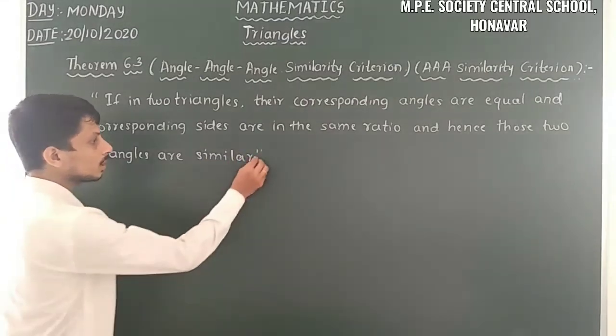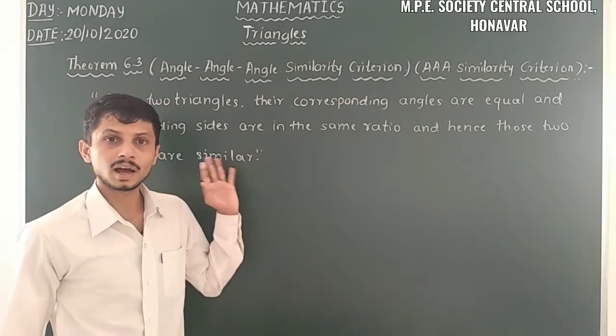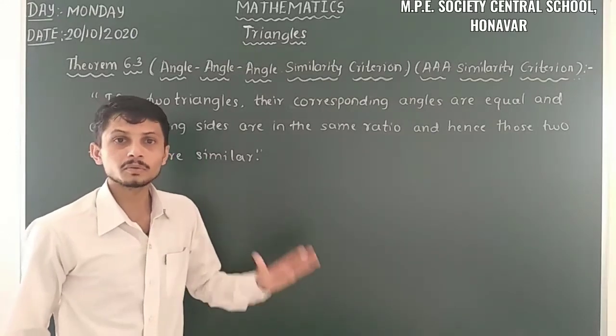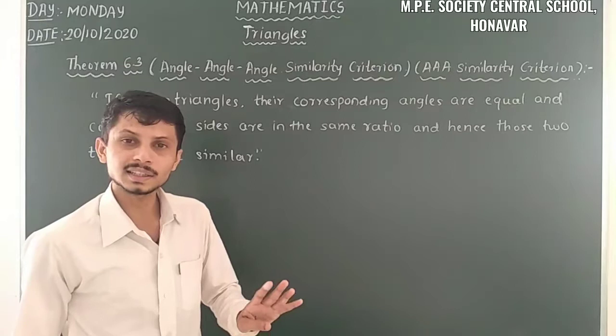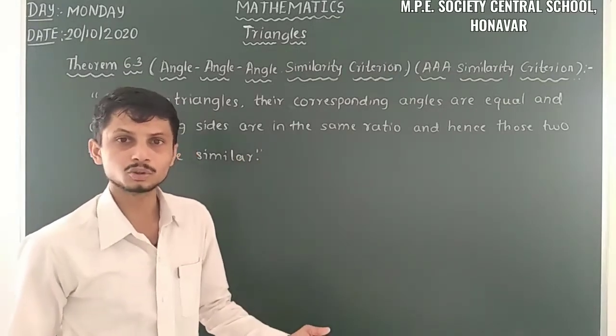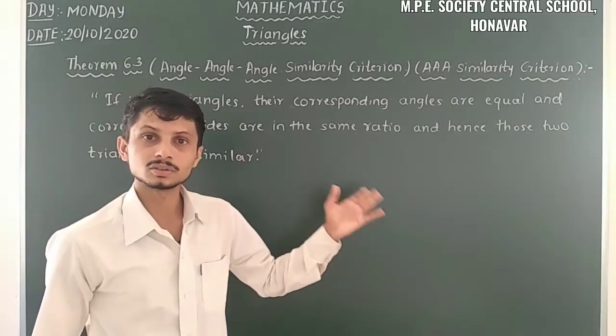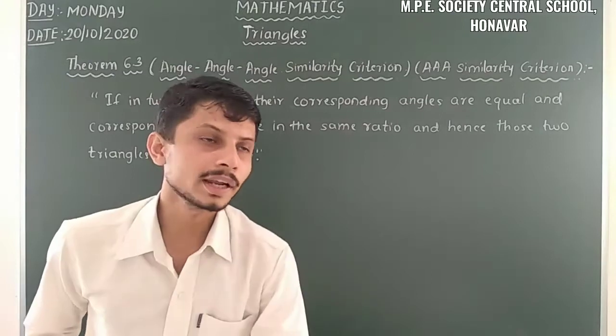Yes. So here we have to consider two triangles. After we get their corresponding angles the same and corresponding sides proportional or in the same ratio, then we can take it that those two triangles are similar. So let us take any two triangles.